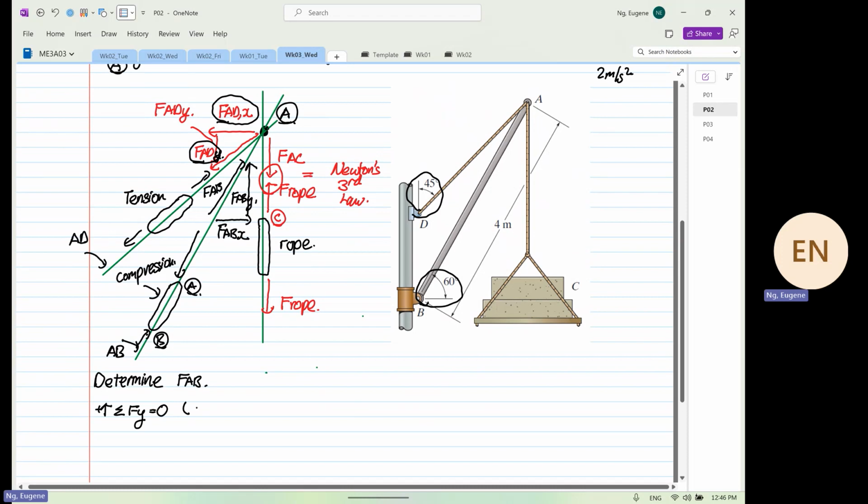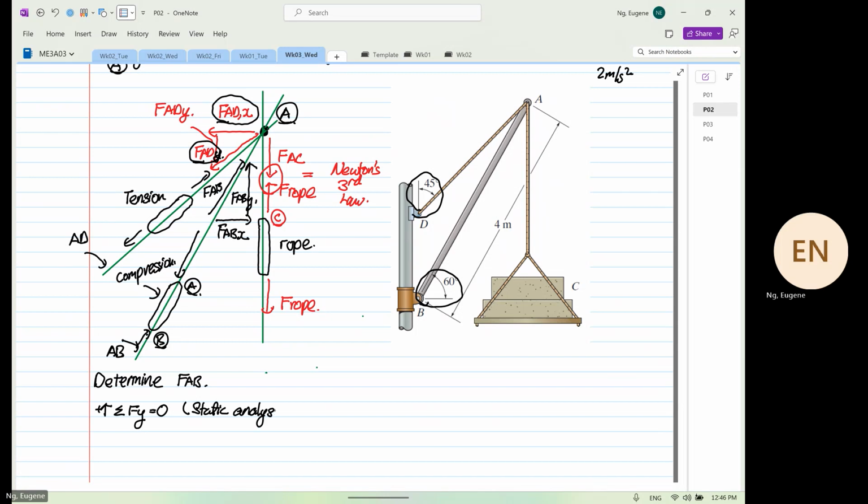So we have positive FABY, then minus FADY, then minus FAC. The whole thing will be equal to 0.